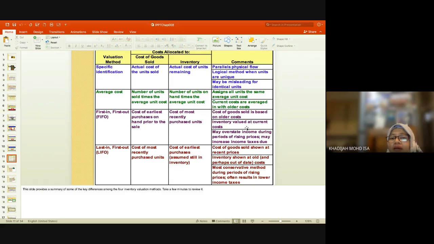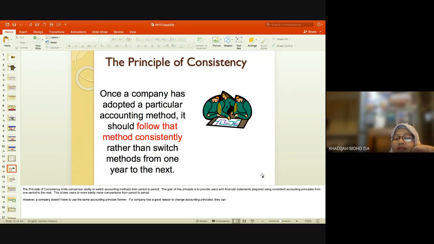But FIFO may overstate income during periods of rising prices, which may increase income tax due. It is the most conservative method. For the principle of consistency in accounting, you must be consistent all the time. So if you use FIFO, you must continue using FIFO, right?